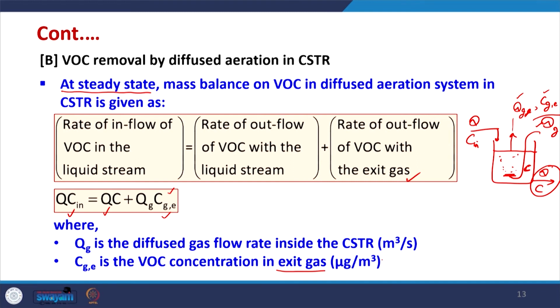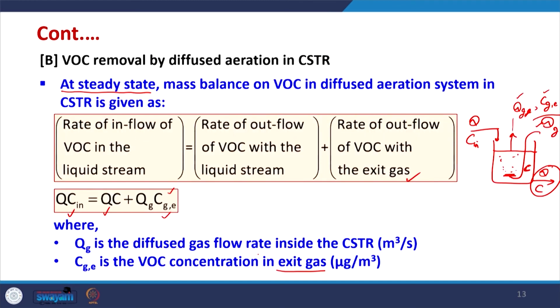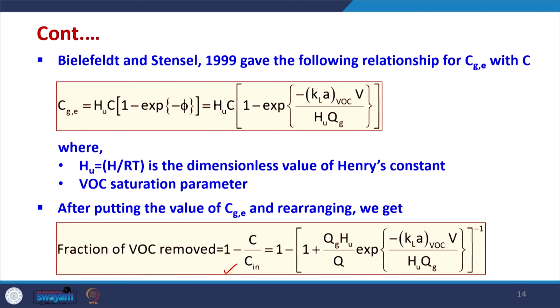This is a very simple balance, but from this simple balance there are a lot of issues. If we neglect this term, the fraction of VOC removed is very simple, but in this equation, how to find the concentration in the exit gas is a major challenge.